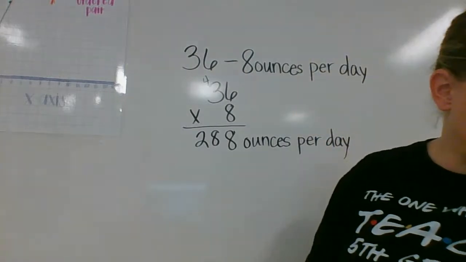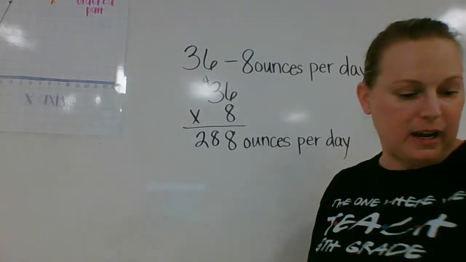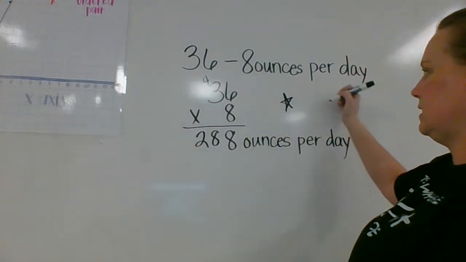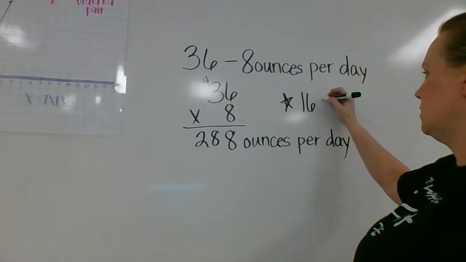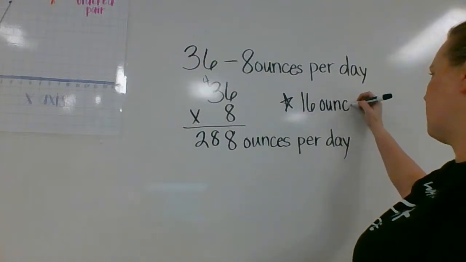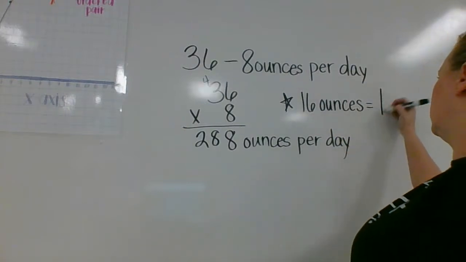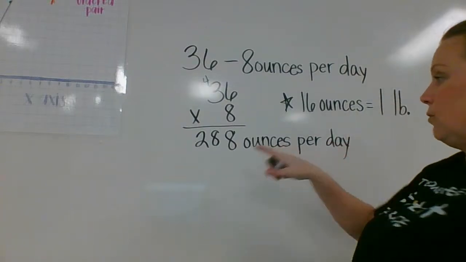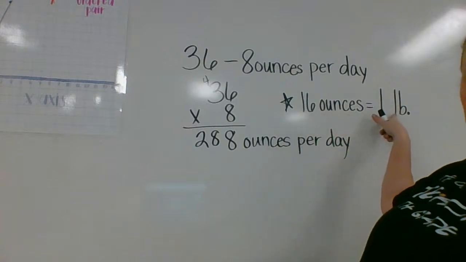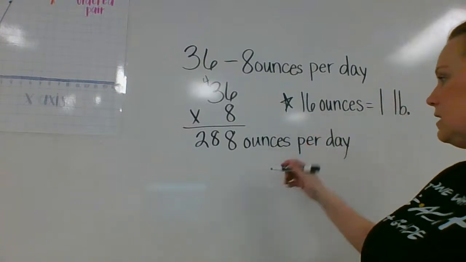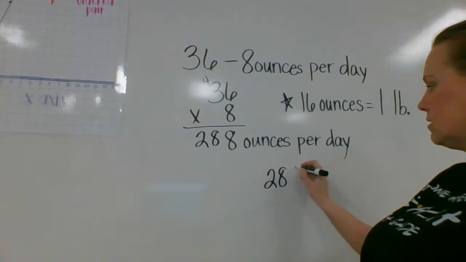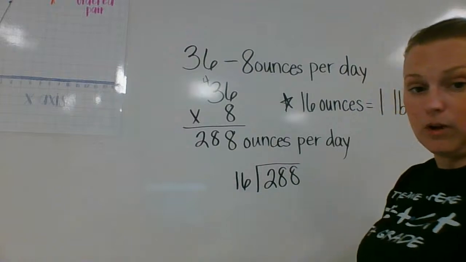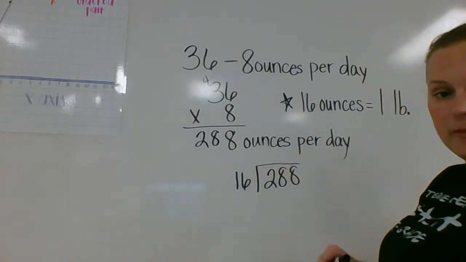So we have 288 ounces. Our conversion is this. There are 16 ounces for every pound. So when we go from small to big, we divide. You dig, 288 ounces divided by 16, the ounces in 1 pound, will give us the number of pounds.